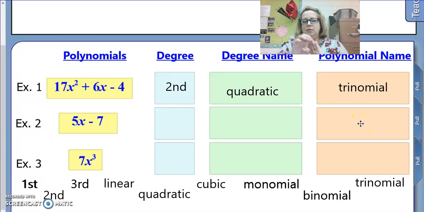That's the first example. Example 2 says 5x minus 7. So you're going to look to decide what the degree is at the highest exponent. And the highest exponent in that expression is 1. So that is a first degree expression.